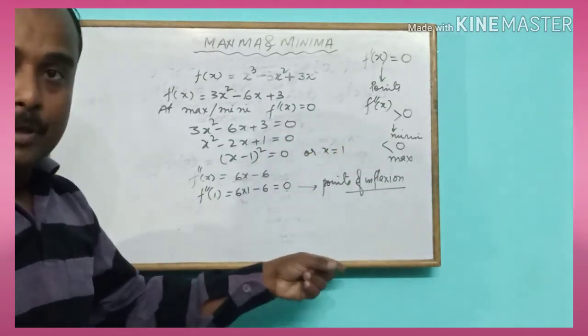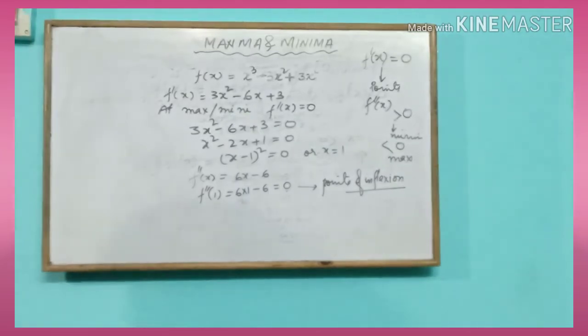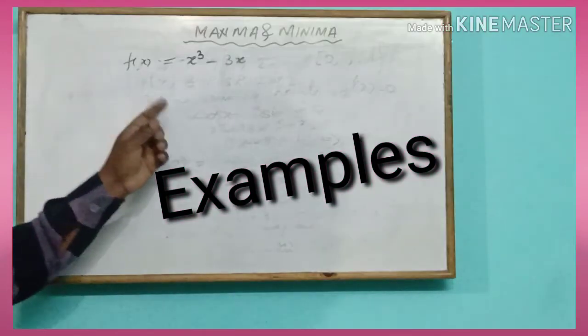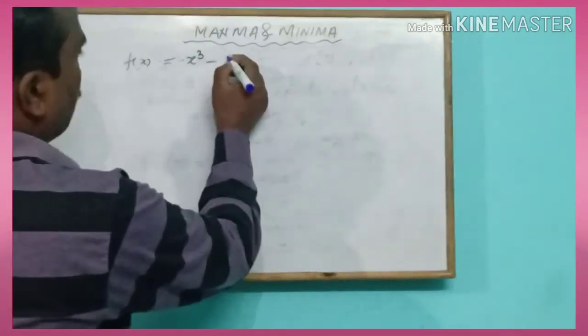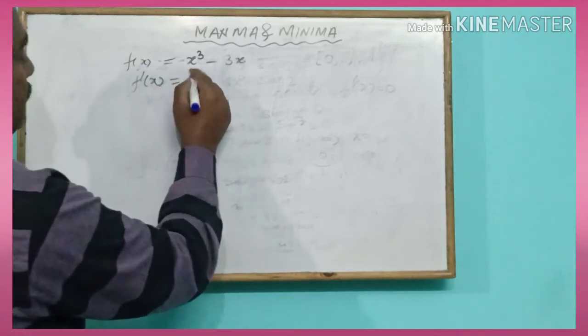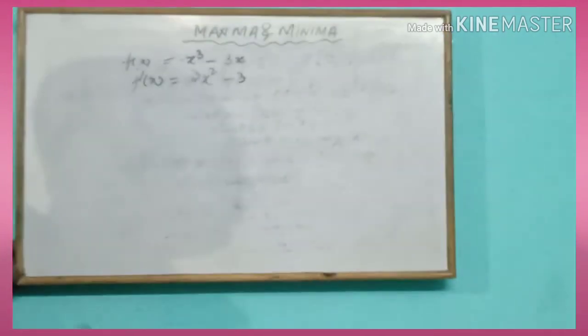Let us see another example where we get maximum or minimum. See this example, f(x) is equal to x cube minus 3x. As usual, we find the first order derivative, that is 3x square minus 3.